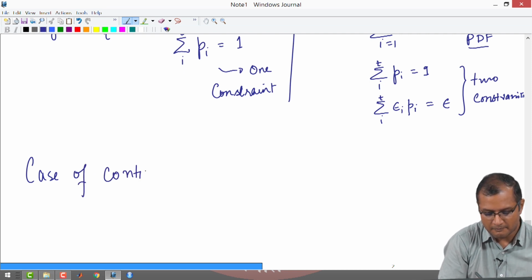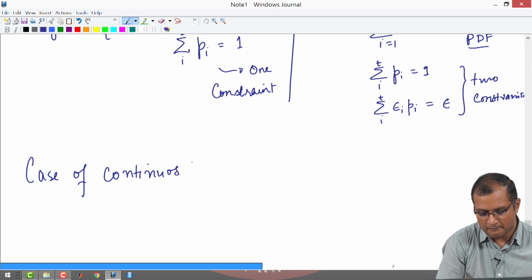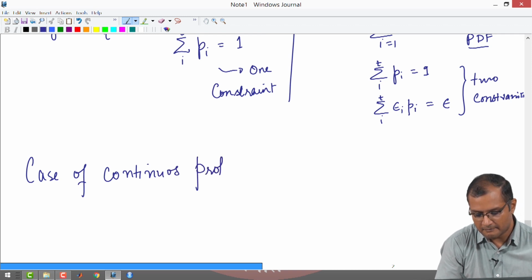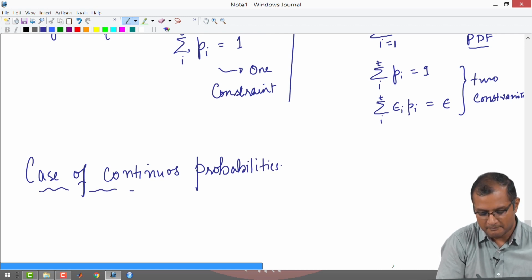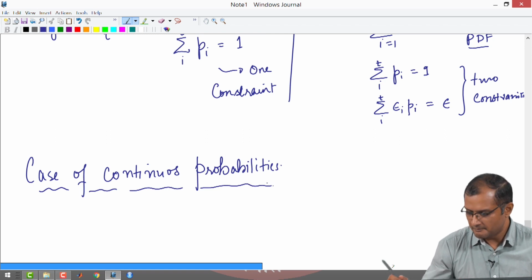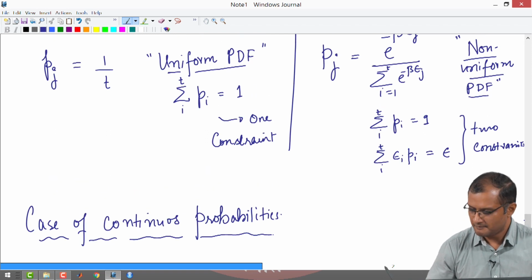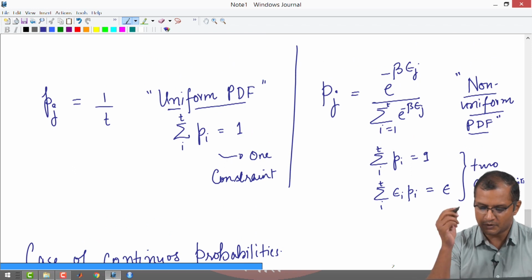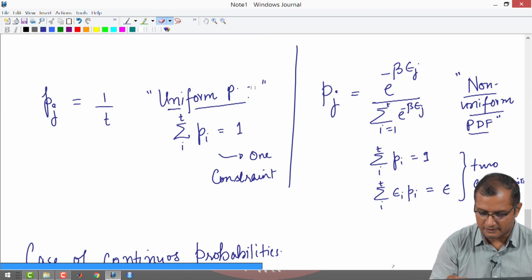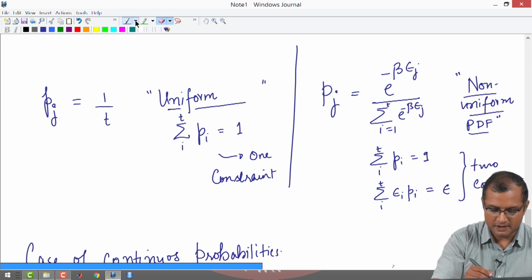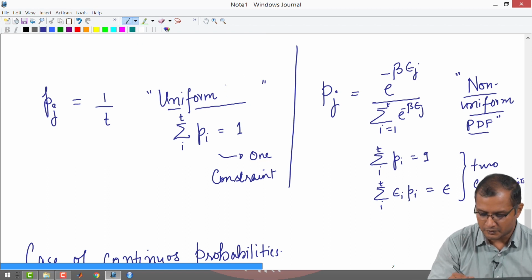continuous probabilities. So, I am going to call this not a PDF, but actually just probabilities here, because they are discrete probabilities.